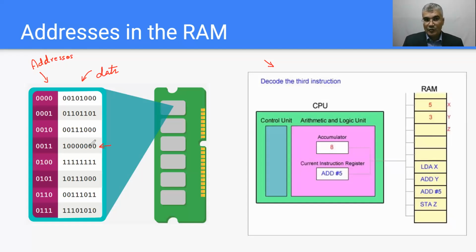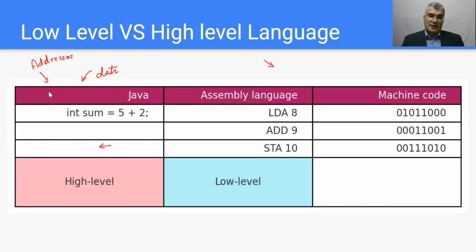But at the moment, we want to focus on the difference between something that can be done easily in a high-level language like Java. For example, we are adding two numbers here, 5 and 2.